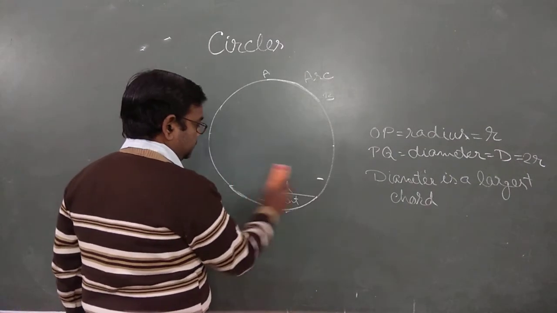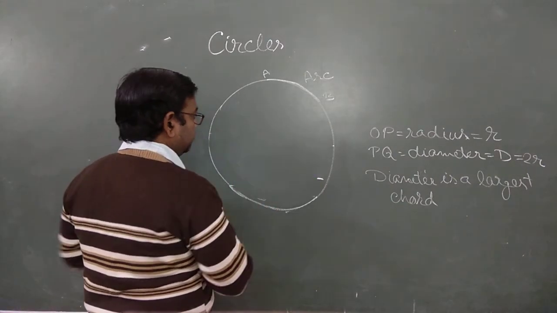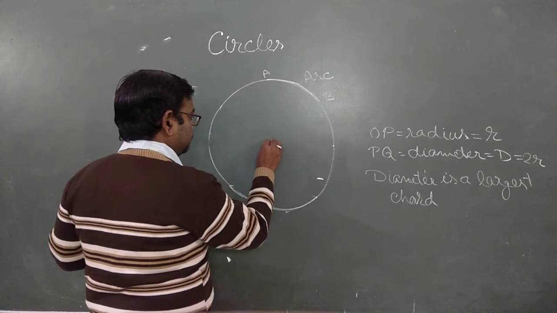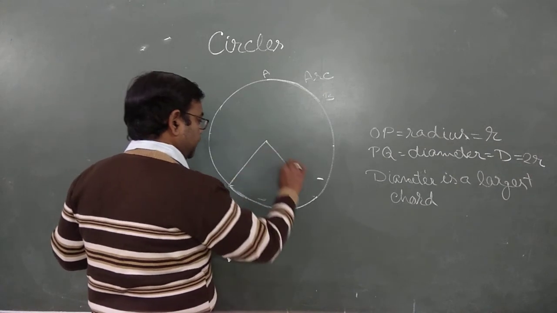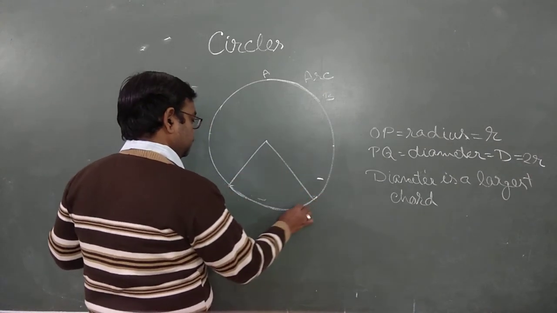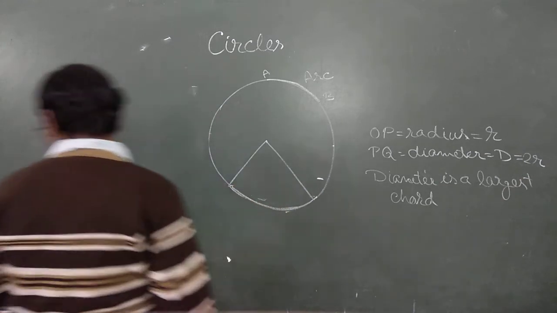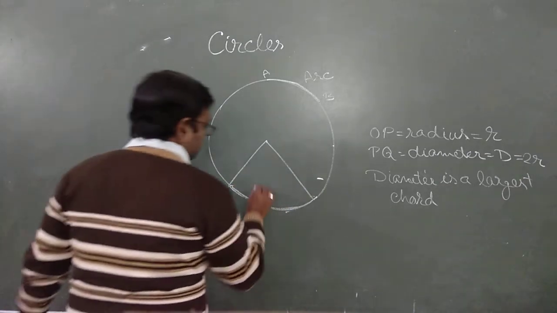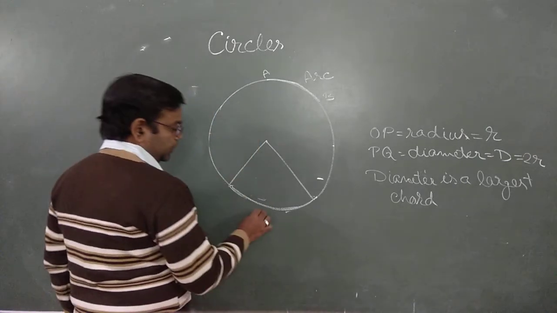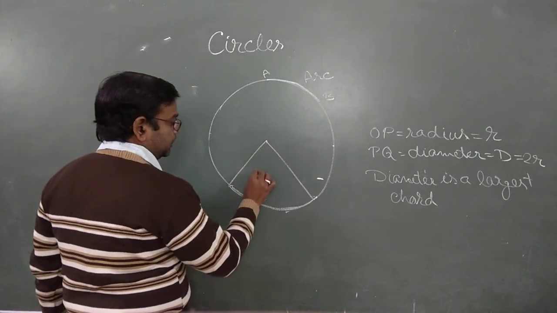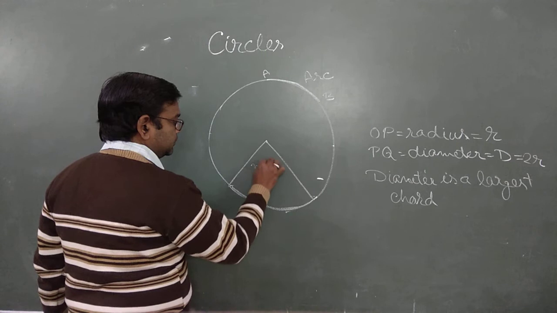Now the area bounded by two radii and one arc is known as a sector. This one also, since it's a minor arc, is a minor sector.